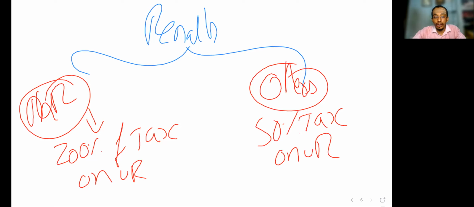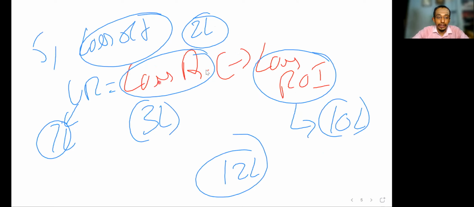So what we need to understand now is to concentrate on what we mean by misreporting of income and what we mean by tax on underreporting. We have been discussing what we mean by underreporting.